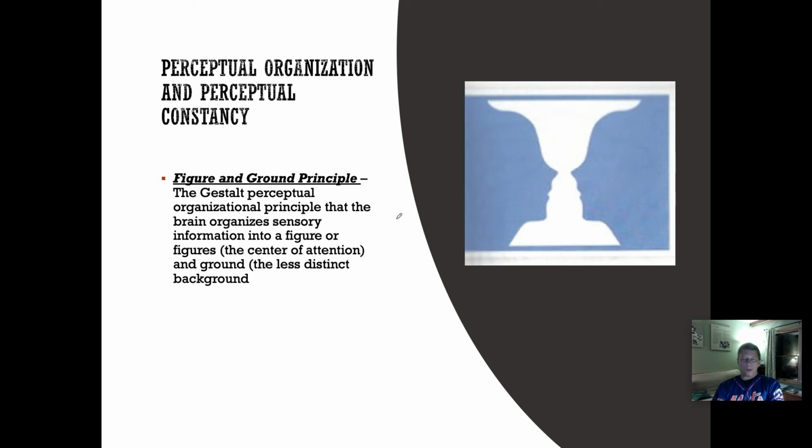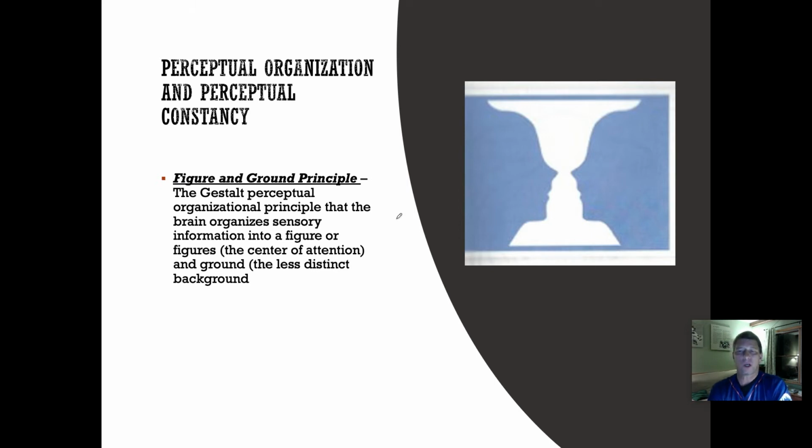Okay, so look at the picture that you see on the right side of the screen right now. What do you see? Do you see a pair of faces? Or do you see a vase or maybe a short table? Depending upon how you perceive the image, you can see both things.